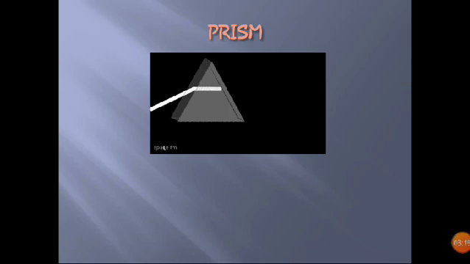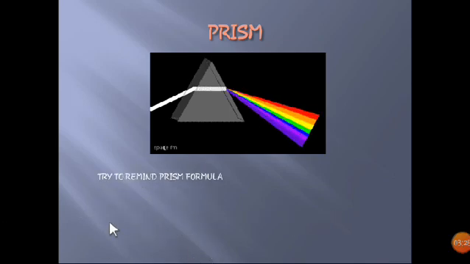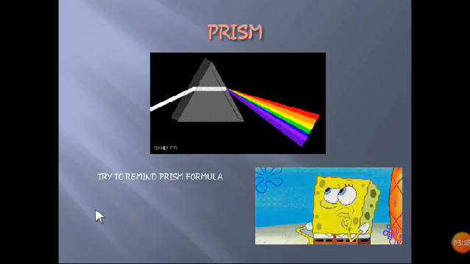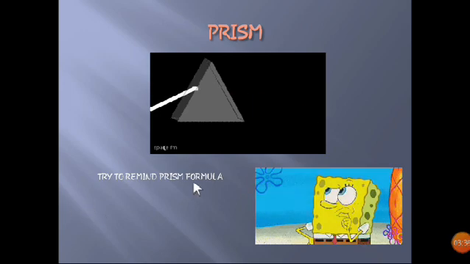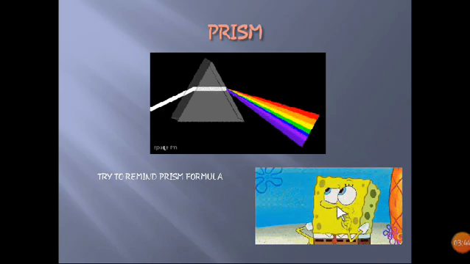This is nothing but dispersion of light. All the theory related to the prism that you did in previous years, and the practical as well. So you are going to recall the prism formula. This is your classwork for this lecture. What is the prism formula that you derived last year? Try to recall what that was. So this is about the prism.